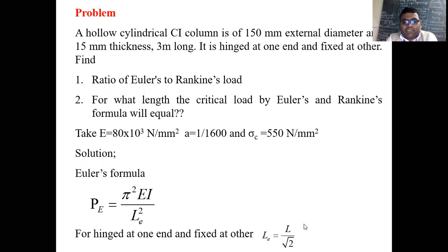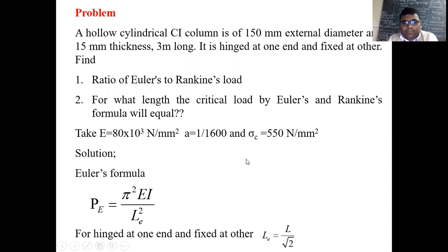We have already discussed how the value of L is different for different kinds of end conditions. So for this given condition, LE will be L upon root 2. So there we have this formula of Euler crippling load, pi square EI upon LE square.